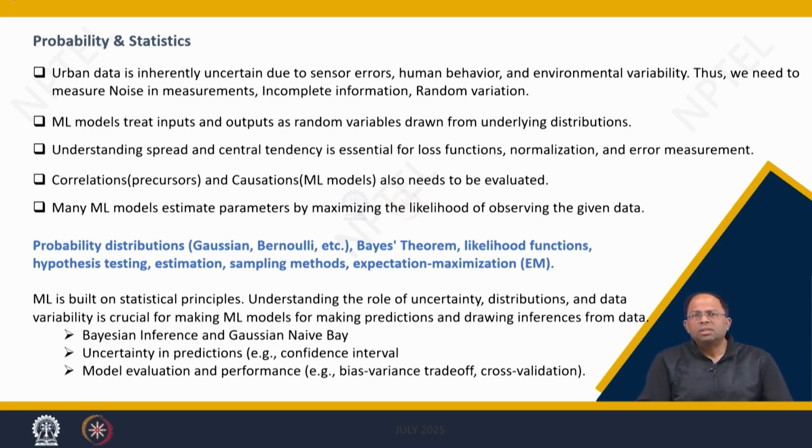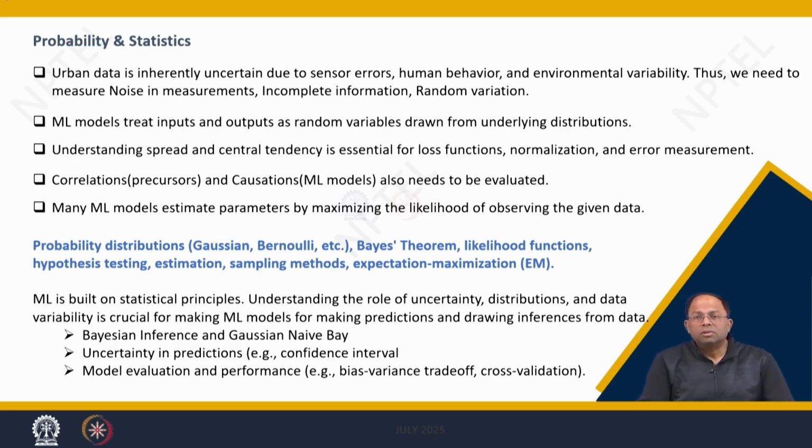Then machine learning models usually treat inputs and outputs as random variables drawn from some underlying distribution of data. That means there is a data set which follows a particular distribution, and we are drawing data from that for any kind of analysis. This is a basic general assumption which requires us to understand the concepts of probability and statistics. Then correlations, which is testing how two variables are related, or how multiple variables are related.